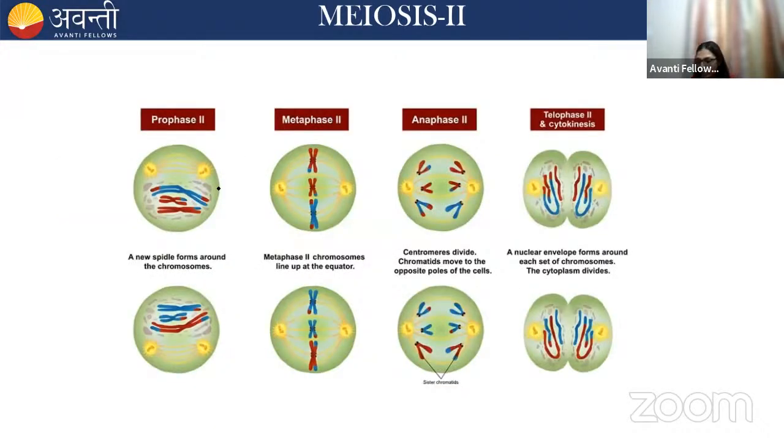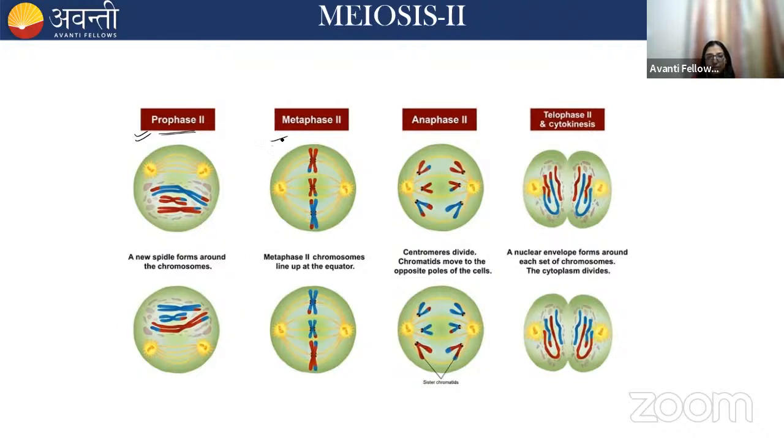Next one is meiosis 2. Meiosis 2 is similar to mitosis, which is an equational division, but meiosis 1 is a reductional division. So in prophase 2, similar to mitosis, the nuclear membrane disappears, the nucleolus again disappears, and the chromosomes start condensing.